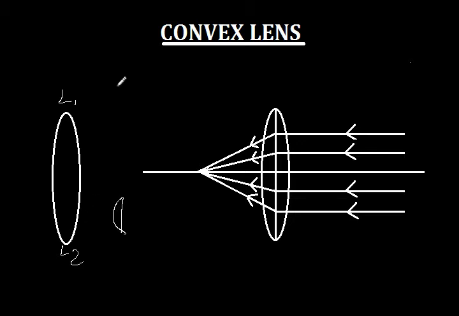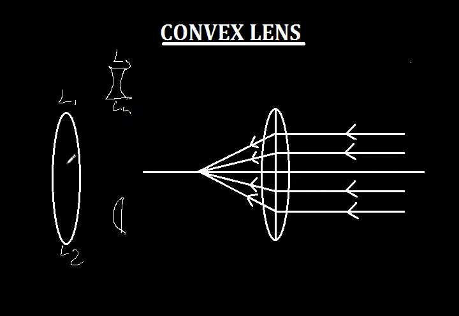In that case, the concave lens will have a thinner mid portion and thicker edges. If we compare, see, this lens L3, L4 has a thinner mid portion and thicker edges. So just opposite to convex lens.